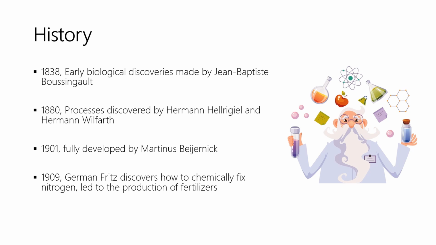These biological processes were discovered and developed by these scientists, and it wasn't until 1909 when Fritz Haber discovered how to chemically fix nitrogen. This is where industrial processes come into play and the production of fertilizers. We know that fertilizers are not the best for our ecosystems and our plants, but nonetheless, they were created and brought into this process.